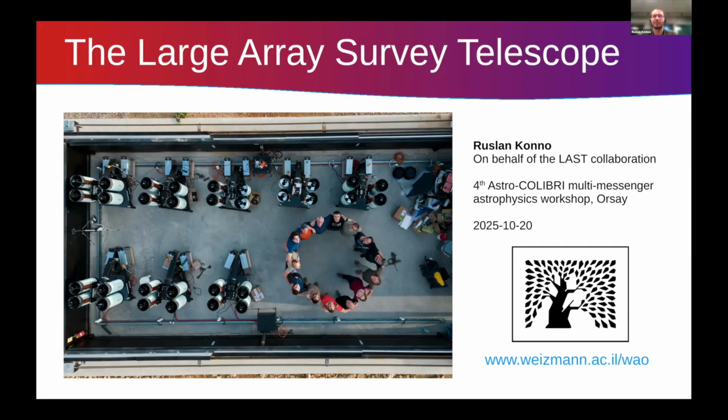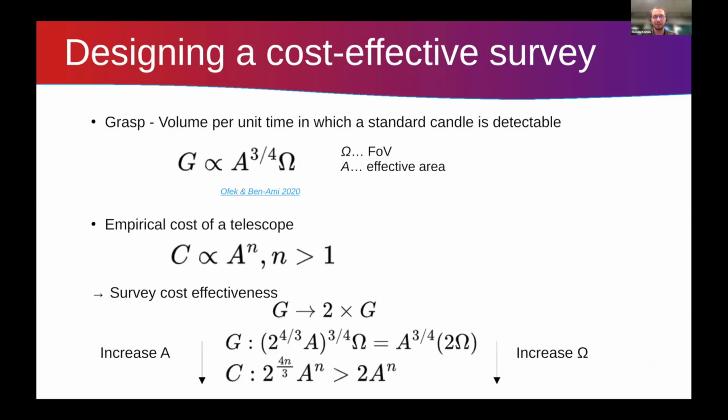Right, before I talk about the instrument itself, I'd like to introduce how this instrument came to be. We start with this measure of the grasp, which tells you what is the volume per unit time in which you can detect the standard candle. And this depends on many things: limiting magnitude, exposure time, dead time, and so on. I'll focus on two things.